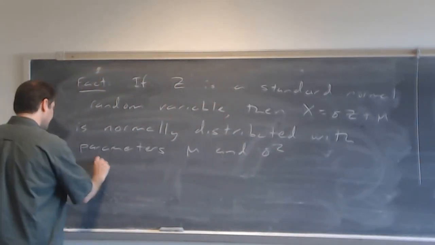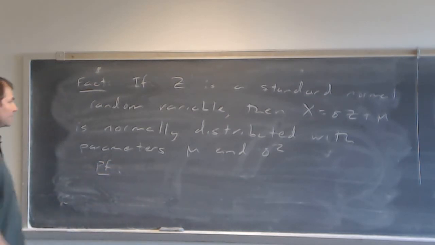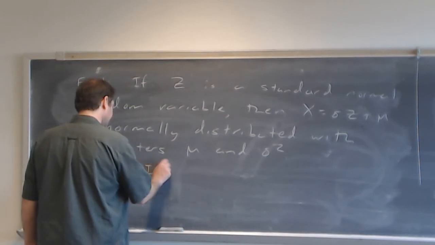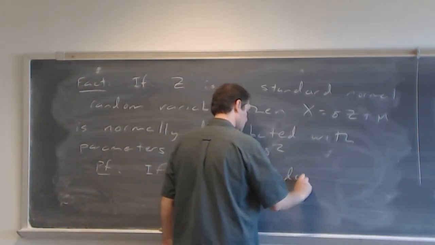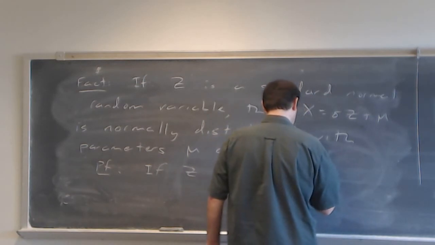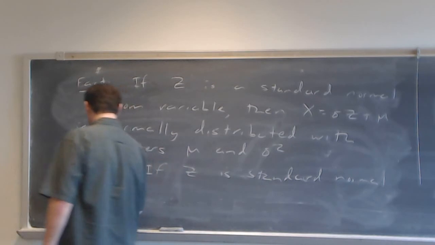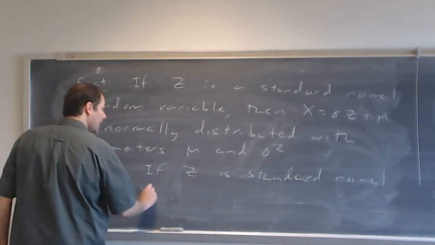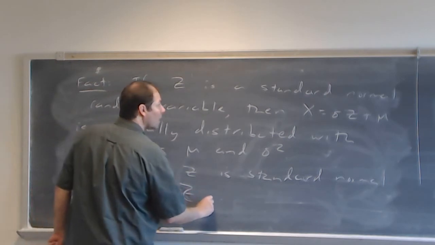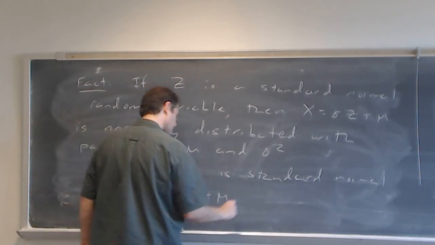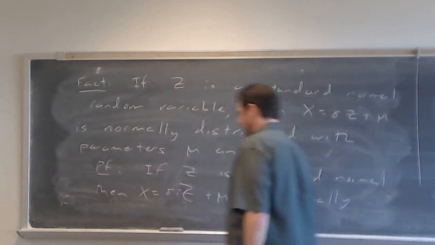The proof of this is based on the previous fact. Okay? And so here, if Z is standard normal, then X equal to sigma Z plus mu is normally distributed. This is about a previous fact that we did today.